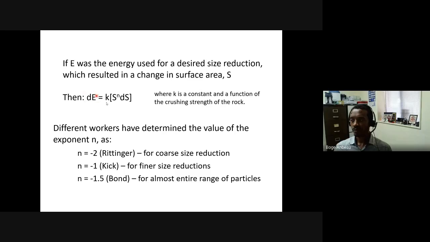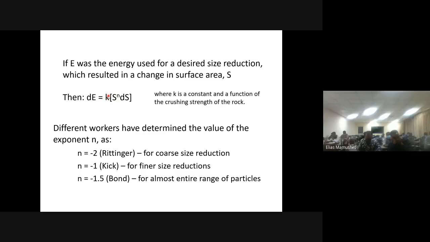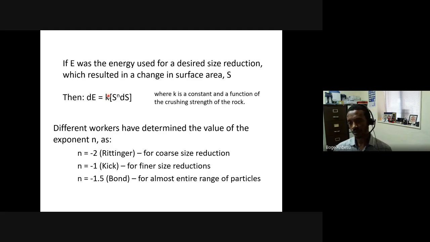So energy is related directly to the surface area. More energy is required to produce more surface area, but that factor also needs to be taken into consideration, and that factor is associated with the hardness of the rock. So soft rock requires less energy, hard rock requires more energy.